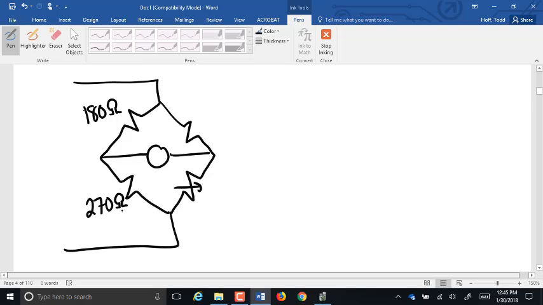So if I have a bridge like this, what's my bridge ratio? Bridge ratio is R1 over R2.